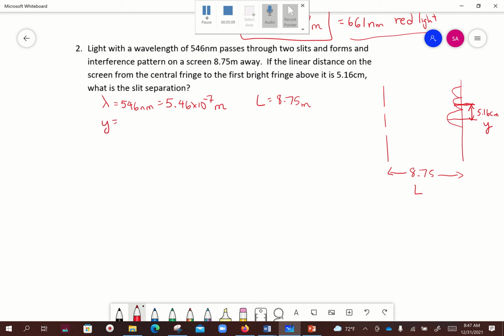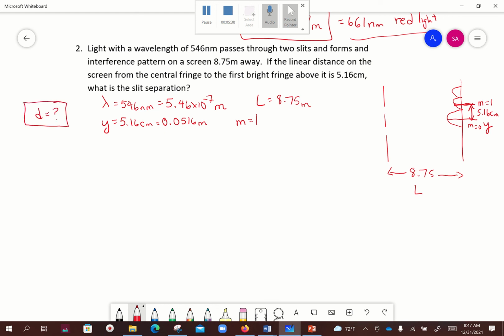So y is equal to 5.16 centimeters, and again I'm going to put it in meters, 0.0516 meters. And we need our m value: m equals 0 for the center peak, m equals 1 for the first peak. That's everything we can get out of there. We want to know the slit separation, so d equals question mark.